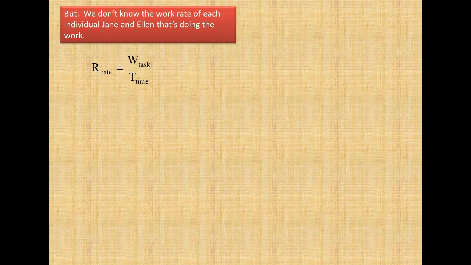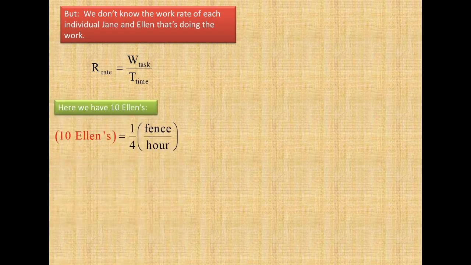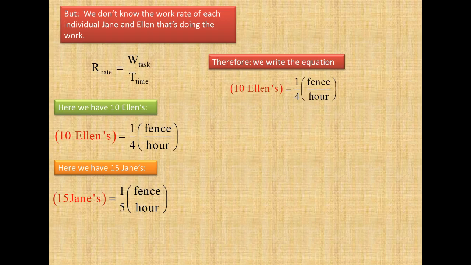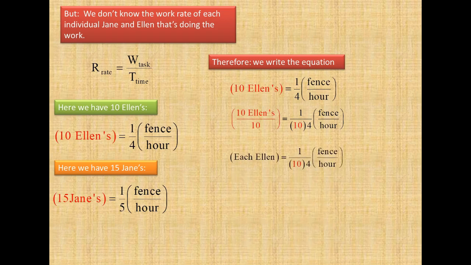But we don't know the work rate of each individual Jane and Ellen that does the work. So here we have 10 Ellens that can paint 1/4 of the fence per hour. And here we have 15 Janes can paint 1/5 of the fence per hour. Therefore, we write the equation. We have to divide by 10 on both sides of the equation.